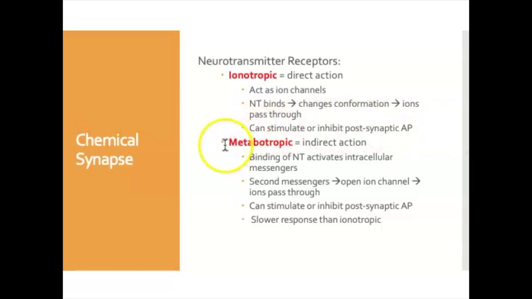Now, when it comes to the metabotropic receptor, the indirect acting receptor, all we're talking about is one additional step. We're still going to see ion channels opened up. Sometimes those ion channels will stimulate action potentials, sometimes they will inhibit action potentials, but there's one more step involved. A metabotropic receptor is not actually an ion channel.